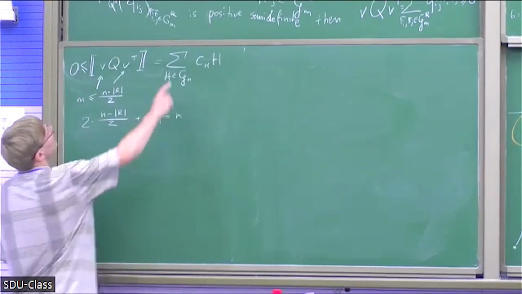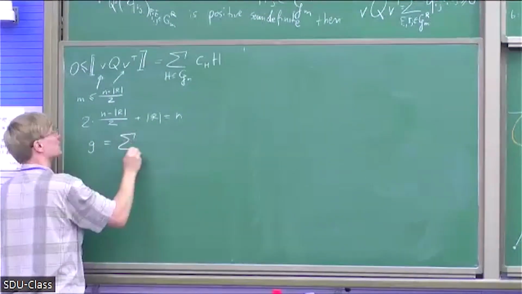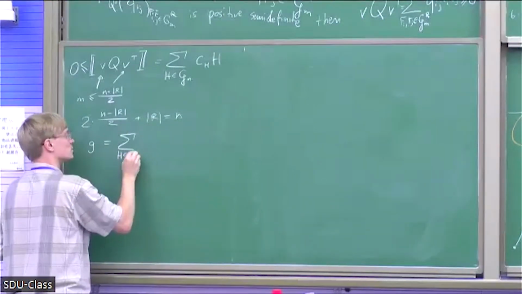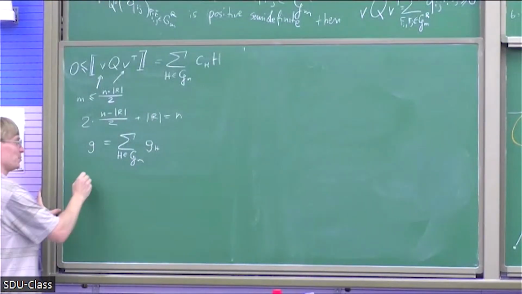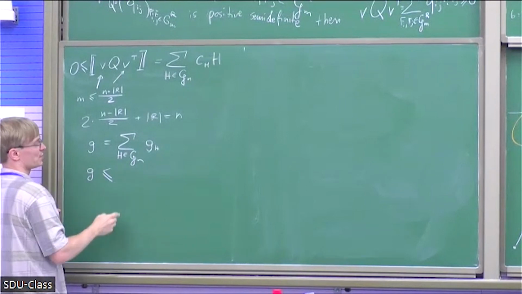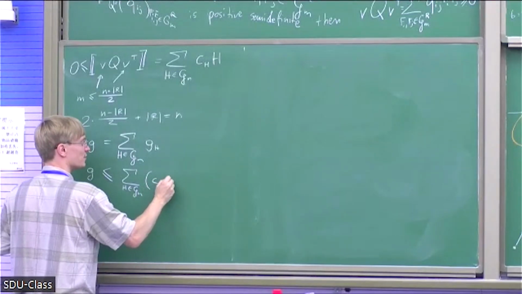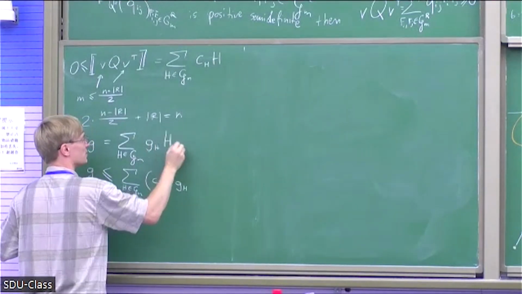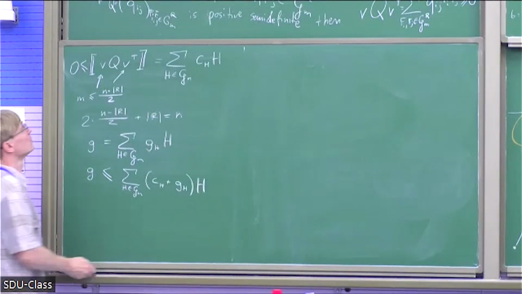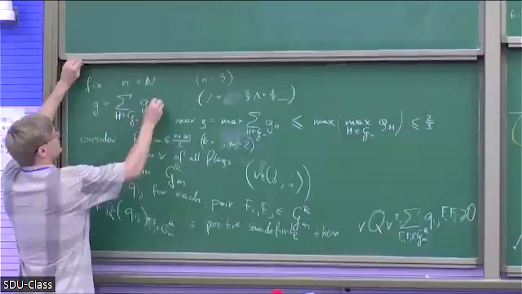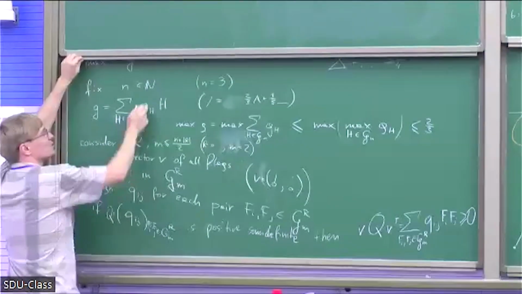So I can add it to the expression defining this G. If I sum it up, I get that G is at most the sum over all graphs H on n vertices of C_H plus g_H, where g_H are the coefficients expressing G as a sum over all densities.